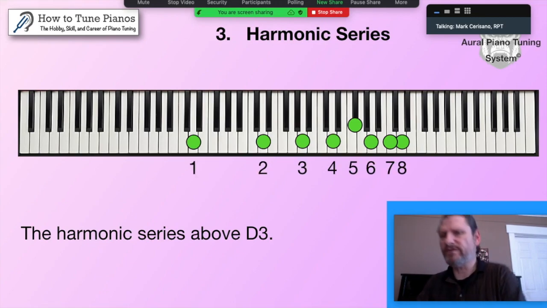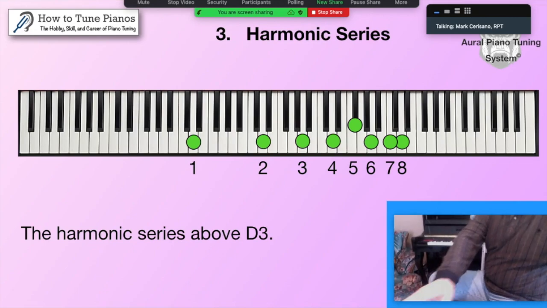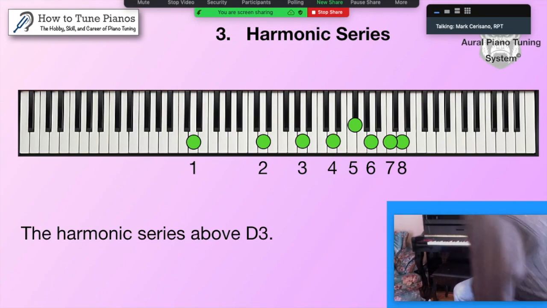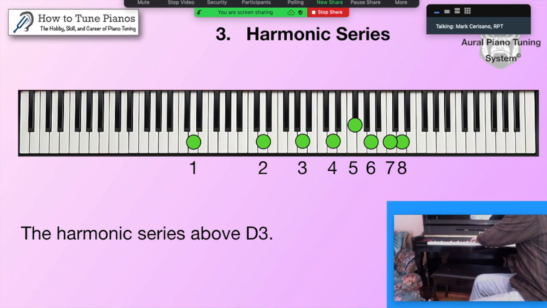I'll just play it so you know what I'm saying here. The octave, like, it's good to think musically, right? The second one, if you play any piano, you've played that pattern before.